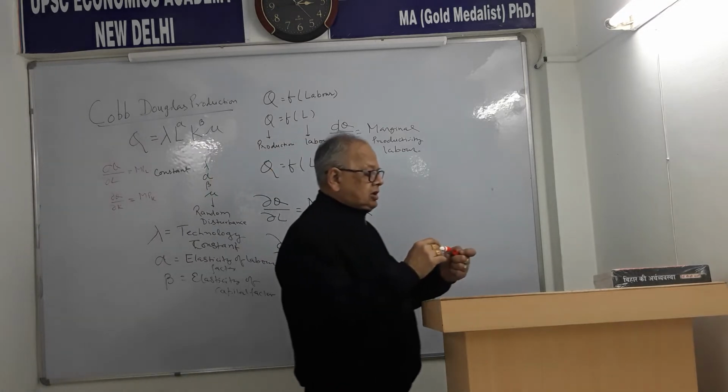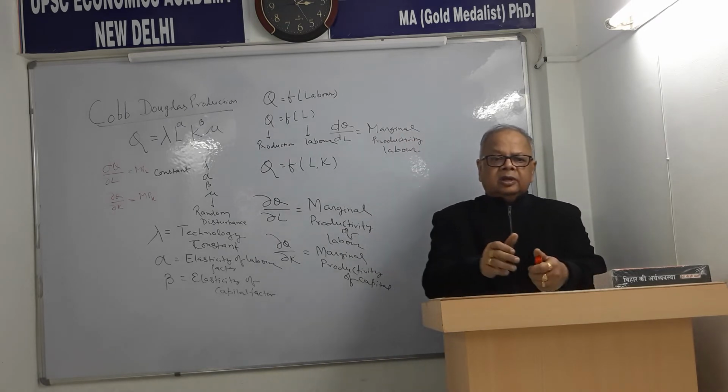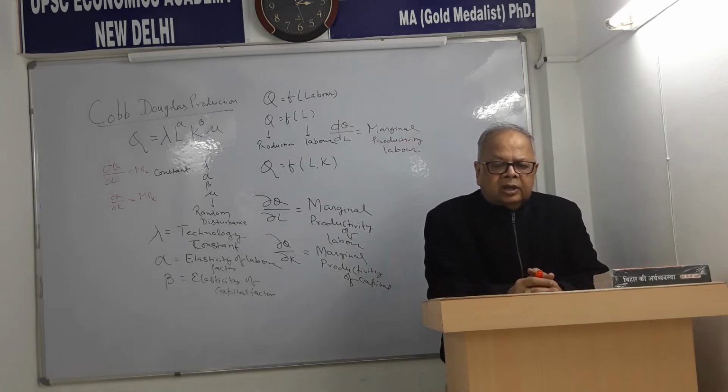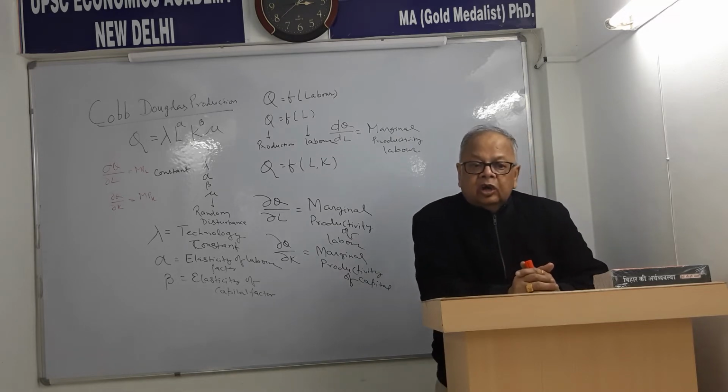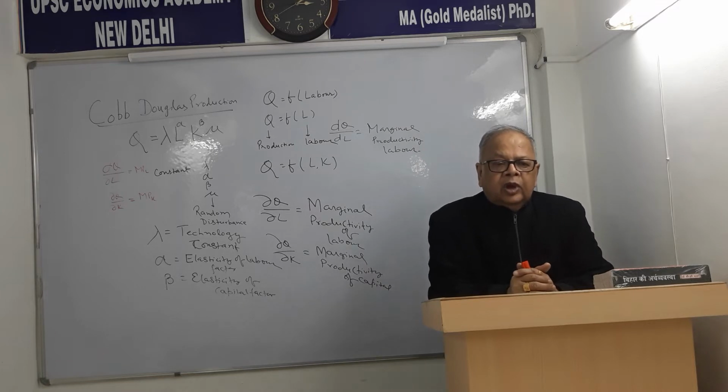Cobb-Douglas production function is a production function which has been established by Mr. Cobb and Mr. Douglas, two American economists who developed it, and labor and capital, two factors, are taken into consideration.